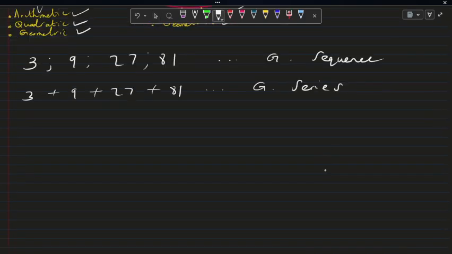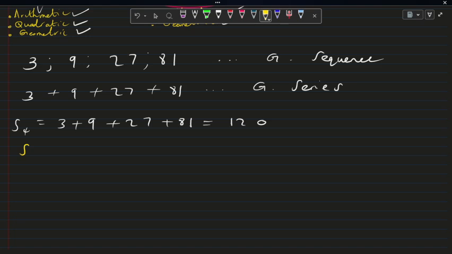If I want to determine the sum of the first four terms, it will be Sn, which will be 3 plus 9 plus 27 plus 81. 3 plus 9 is 12, plus 27 is 39, plus 81 is 120. So the answer is 120, the sum of the first four terms.